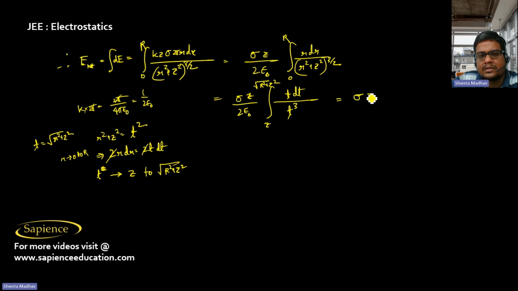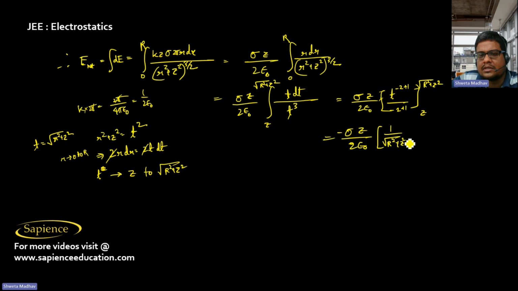So this will be sigma z by 2 epsilon naught into t power minus 2 plus 1 by minus 2 plus 1, from z to root over r square plus z square. So this will be minus sigma z by 2 epsilon naught, and this will be 1 by t power minus 1, which means 1 by t. So 1 by root over r square plus z square minus 1 by z.